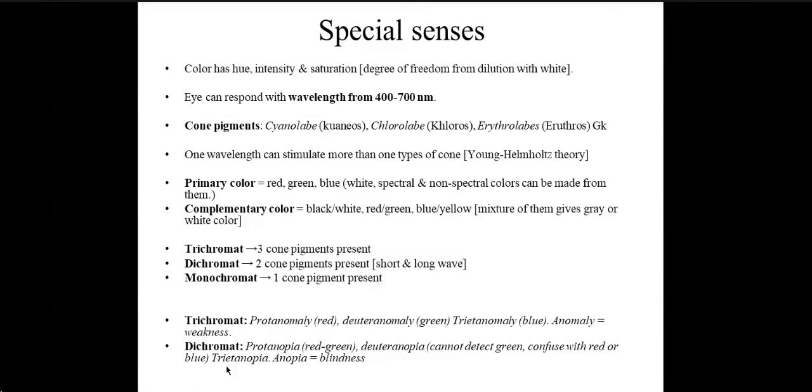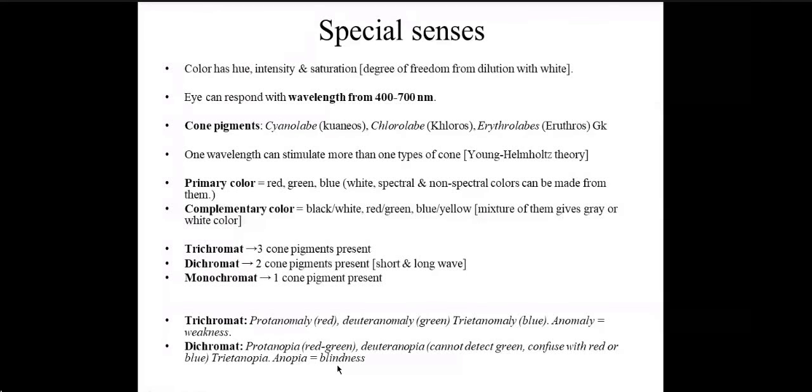So protanopia means red-green blindness. Deuteranopia means cannot detect green, confused with red or blue. For green light, either they say red or they say blue, because they cannot perceive green color.